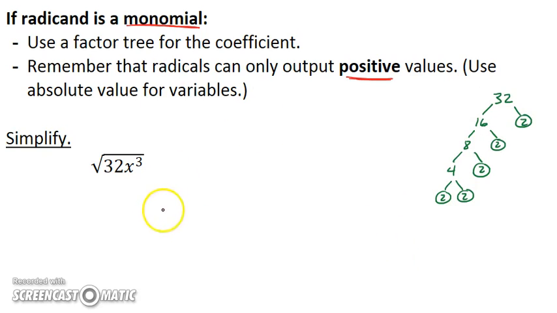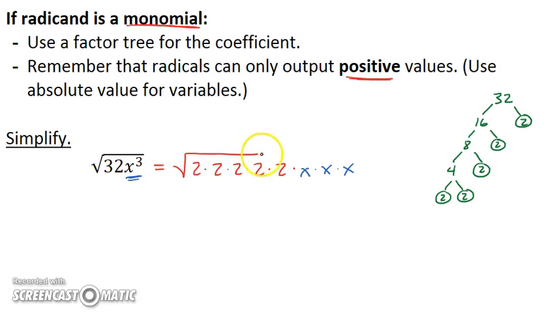So let me try writing out the prime factorization for this radicand. 32 can be written as 2 times 2 times 2 times 2 times 2. And I've got x cubed, but x cubed would just be x times x times x. So in a sense, there's a prime factorization for this monomial.